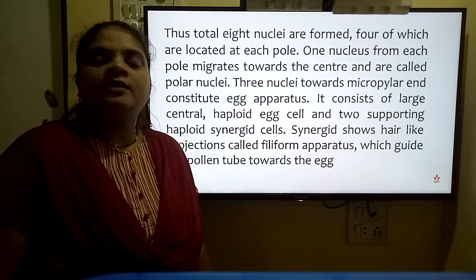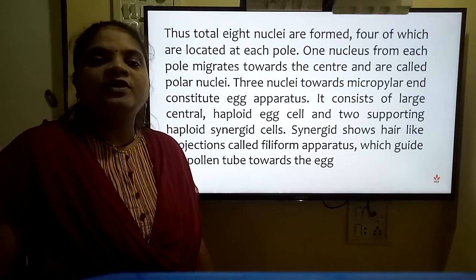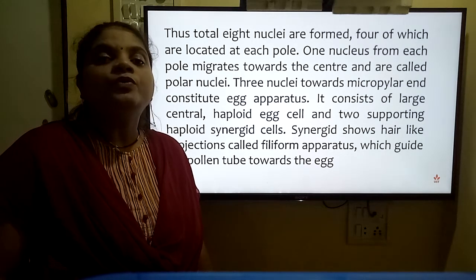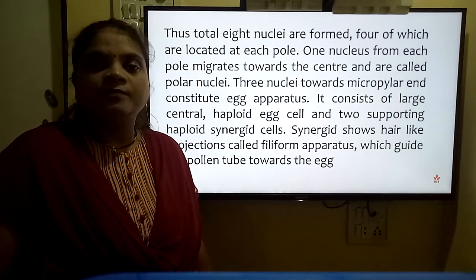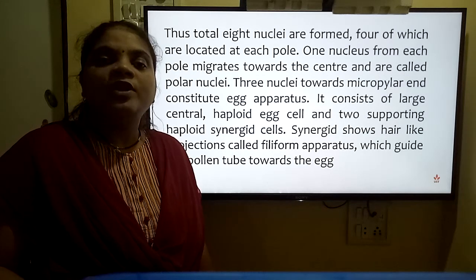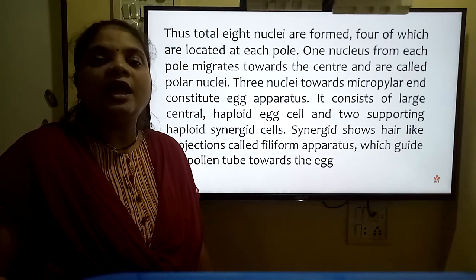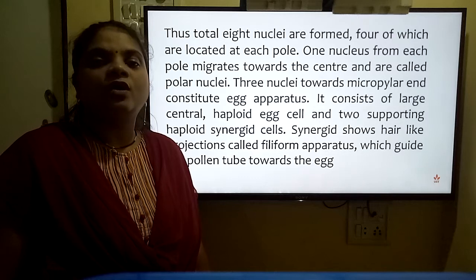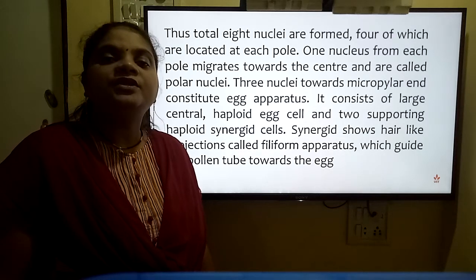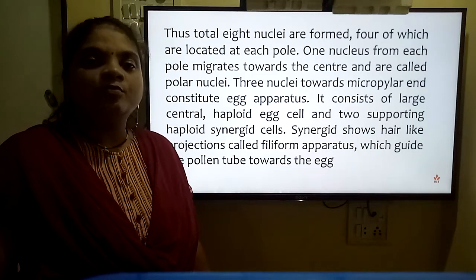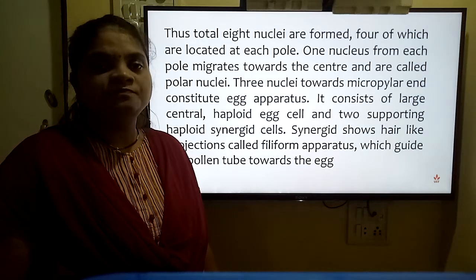As I told you, at the center of the embryo sac, what is present? A 2-nucleated polar cell. These 2 nuclei of the polar cell get fused and form a diploid secondary nucleus, or we can also say the definitive nucleus. So here are two important types of nuclei we observe.